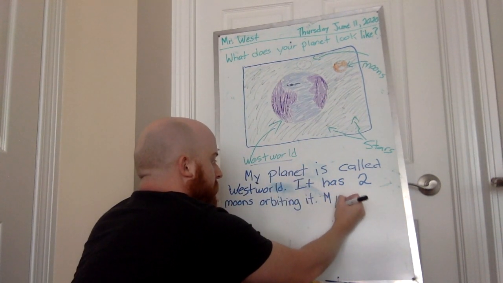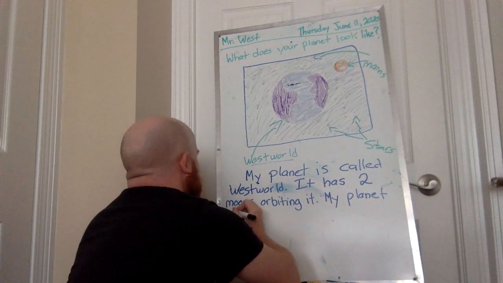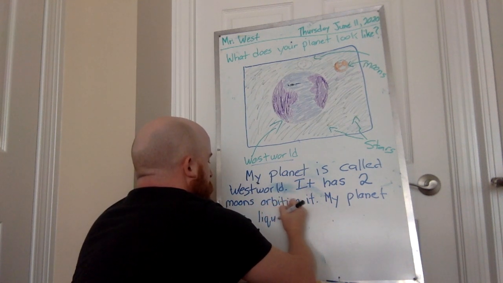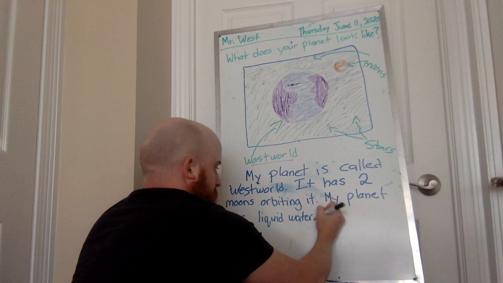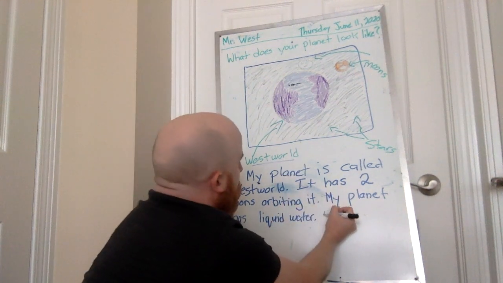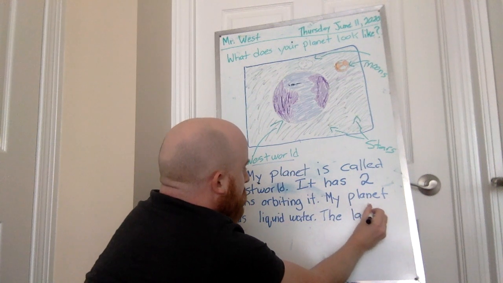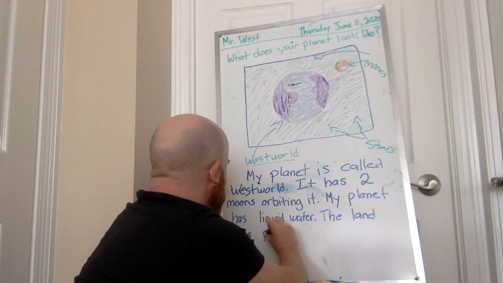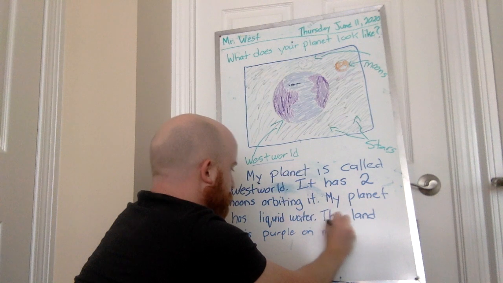So, first of all, I'm going to say this. My planet has, I'm going to say liquid water. And I will also add a sentence that says, the land is purple on my planet.